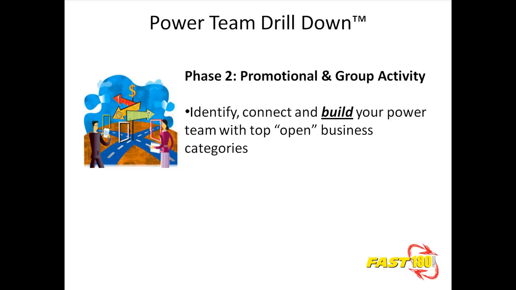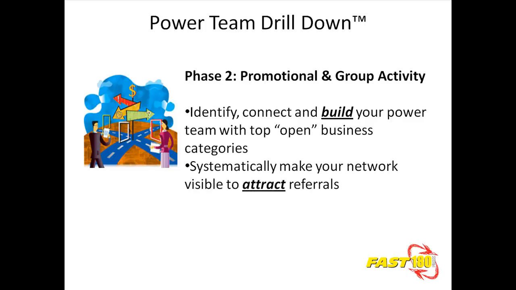And again, you remember the Power Team roster that we showed you on a prior webinar is one of the tools that we use to make a clear path, a clear roadmap on which business categories we need to have a well-rounded Power Team to attract the best quality and highest number of referrals.